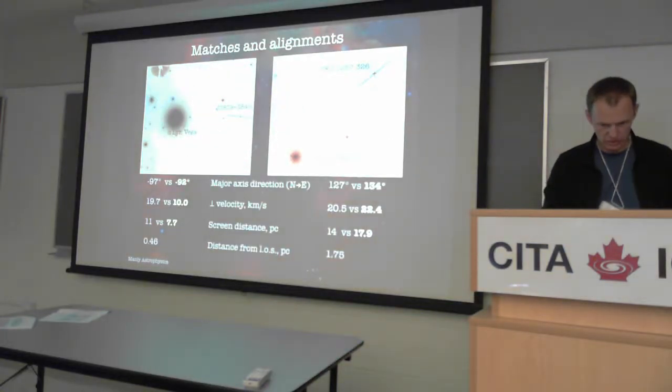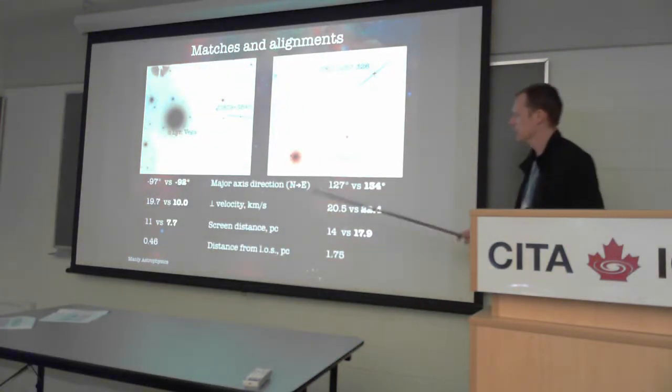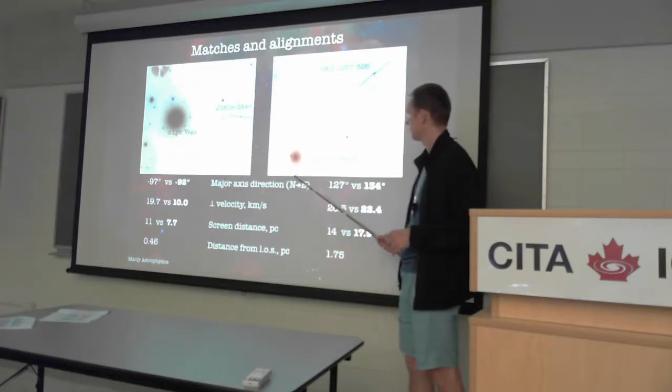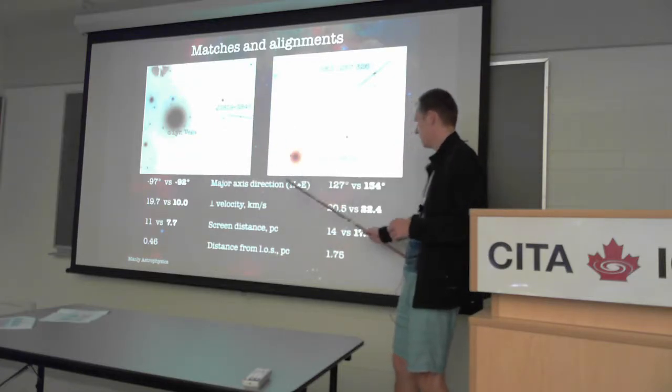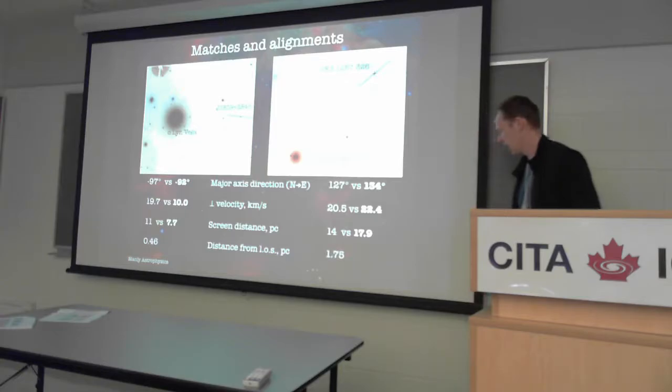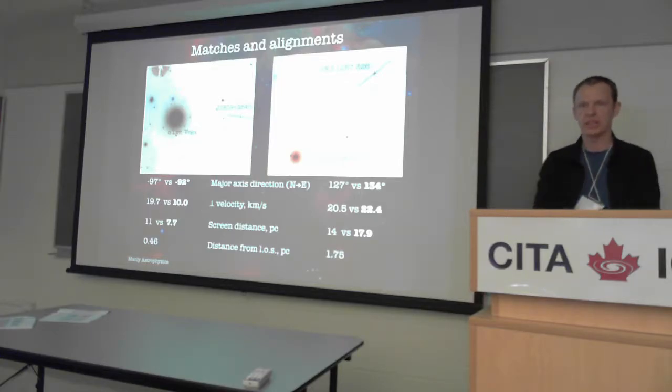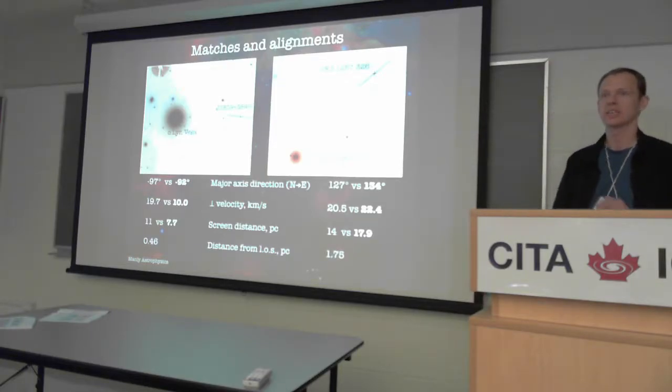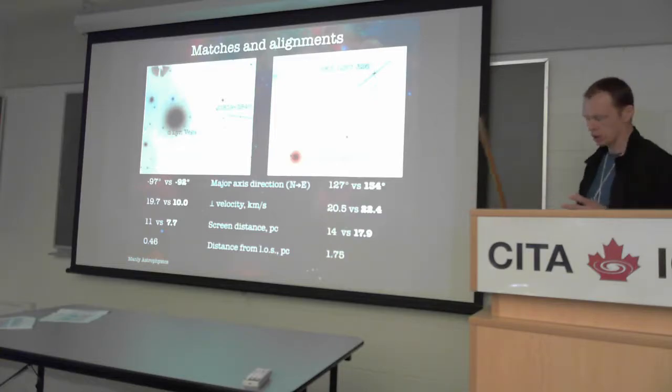We can compare the predicted and actual values and work out the probabilities that these come about by chance, and the probabilities are quite low.